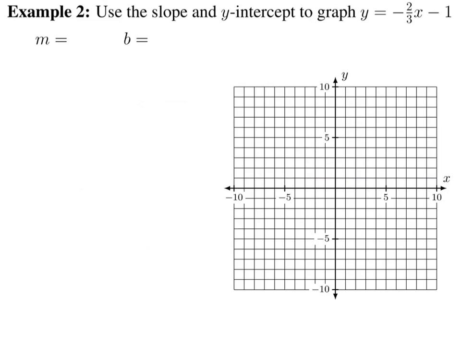All right. Here we have a different line. y equals negative 2/3 x minus 1. This time the slope is negative 2/3, and the y-intercept number is negative 1. So our first dot will be down at negative 1.